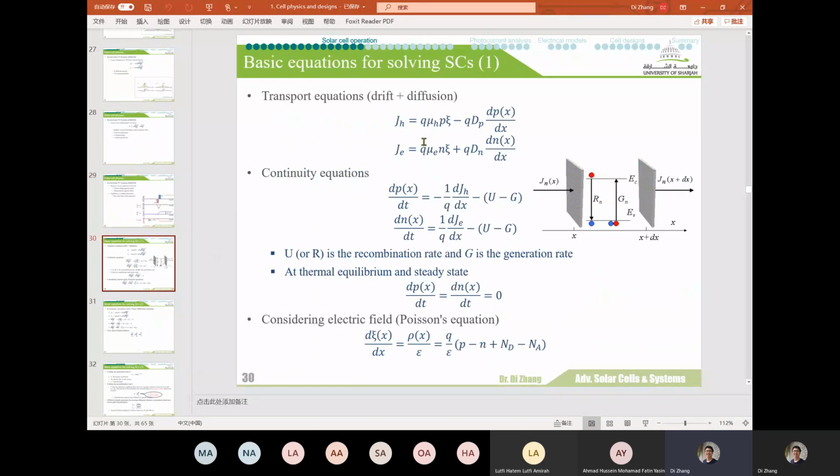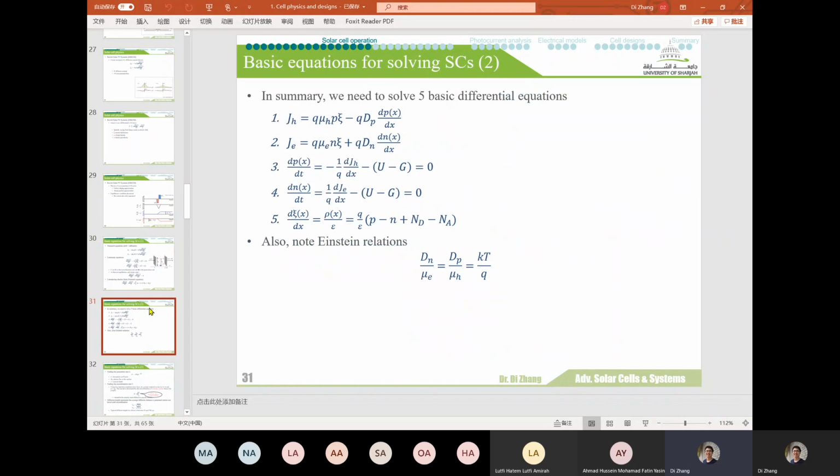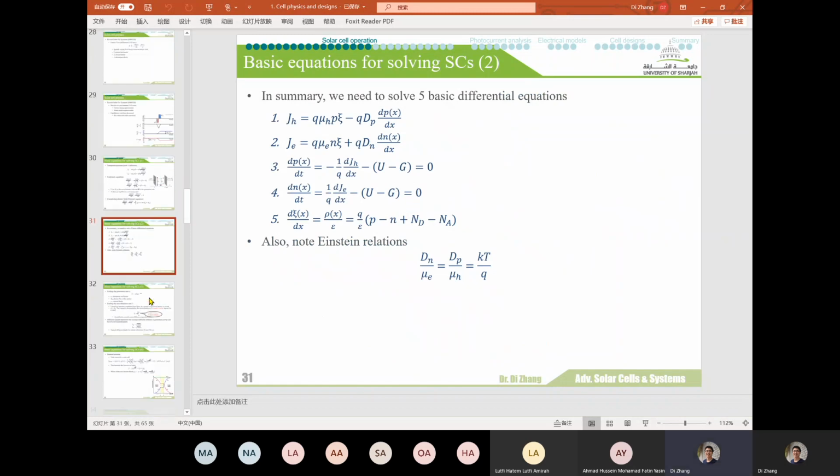I may give you one or two equations from this slide and ask what the meanings of certain parameters are, but I don't need you to memorize the full equation. You just need to understand what a continuity equation is, what a transport equation means, things like that. But you will definitely not be required to write the full equation.